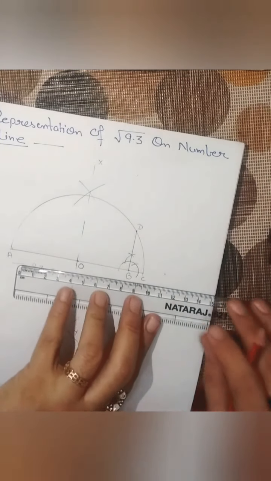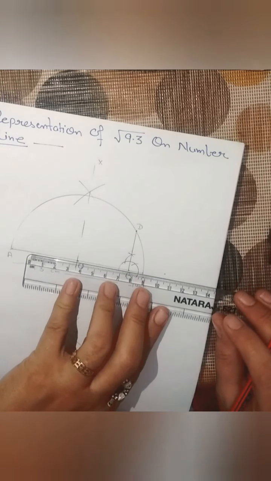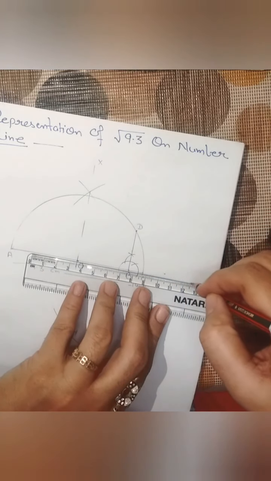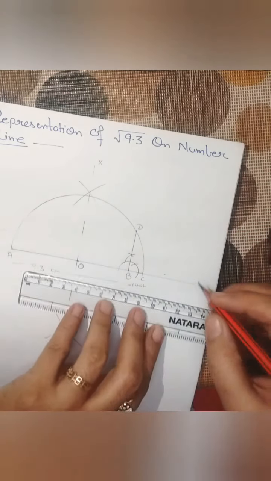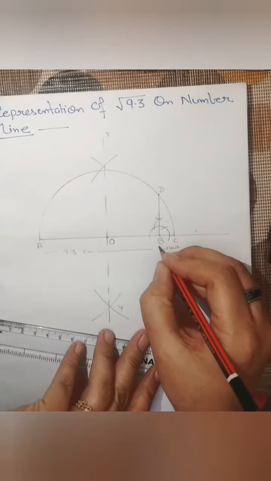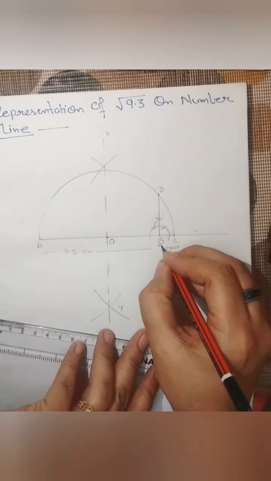Now we'll again extend AC up to some units. Here now B is representing 0.